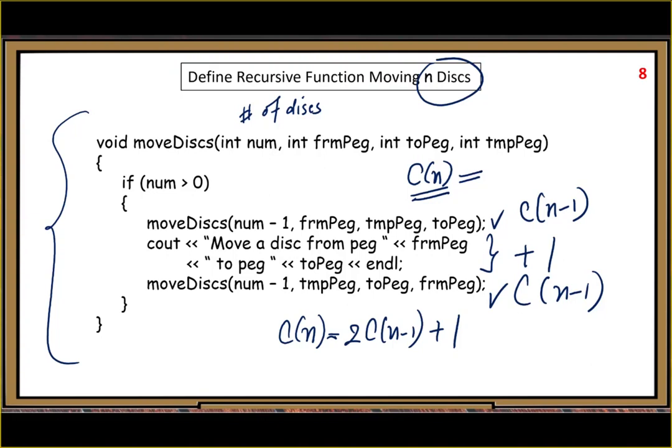This is a special recurrence relation. But we need an initial condition. When you solve a recurrence relation, you have to provide initial data. Here, our initial condition is that when we have one disk, we just make one move. One disk, one move.